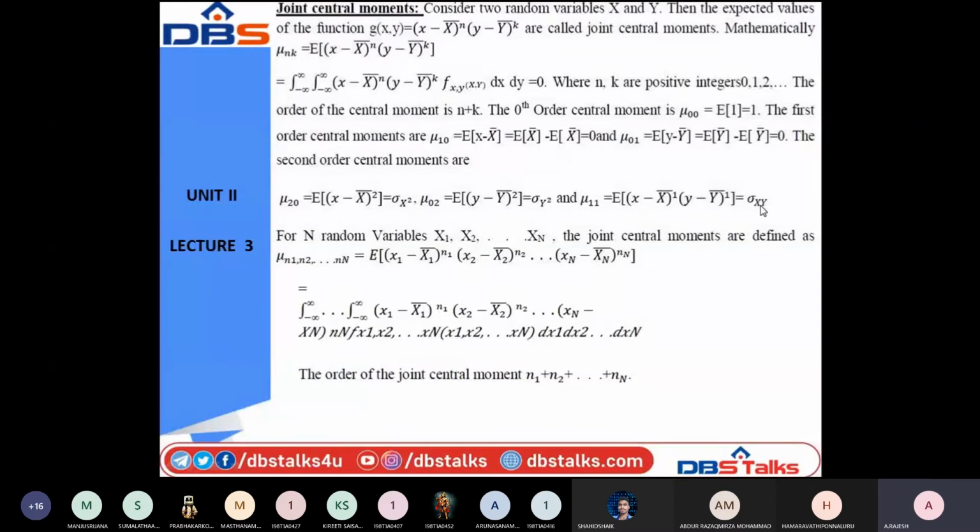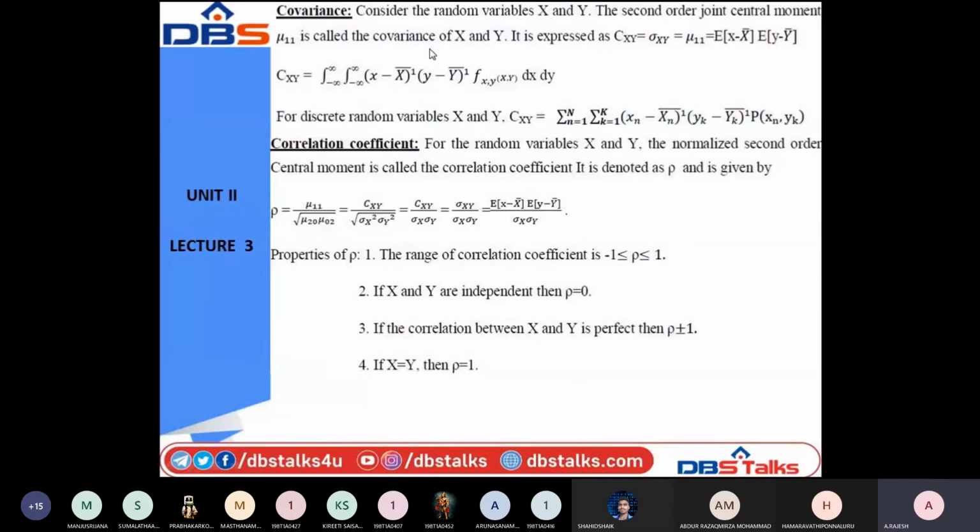Mu11 is called the covariance of x and y, and it can be expressed as Cxy, the covariance of xy, which is equal to sigma xy, which is equal to mu11, which is equal to the expected value of small x minus capital X complement into small y minus capital Y complement.